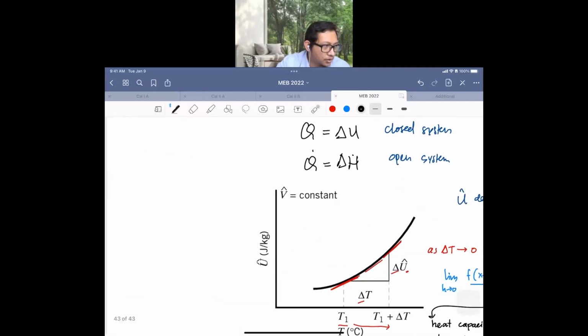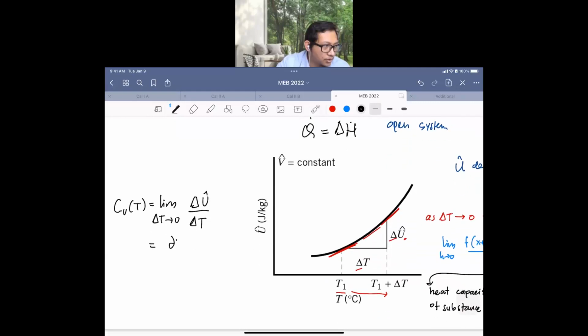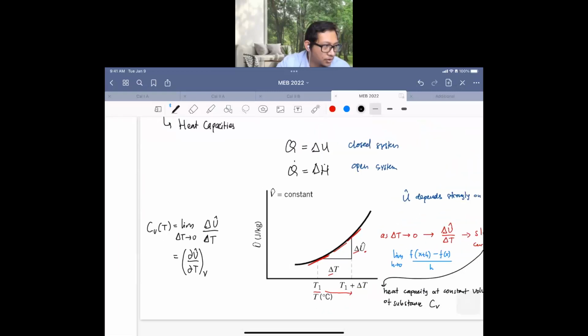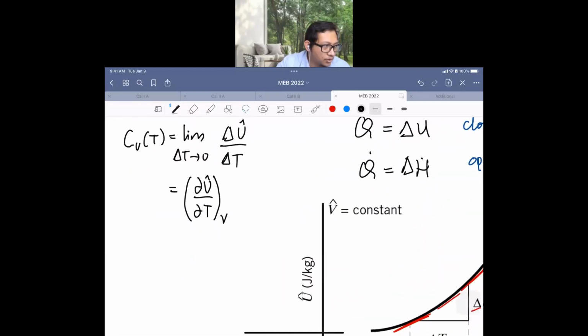So let me write here that Cv is equal to the limit as delta T goes to 0 of delta U over delta T. Or with partial derivative, the derivative of U with respect to T. And with some small calculation, we can write dU equals Cv dT.